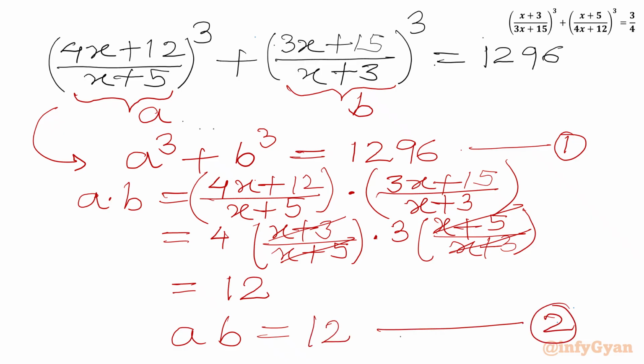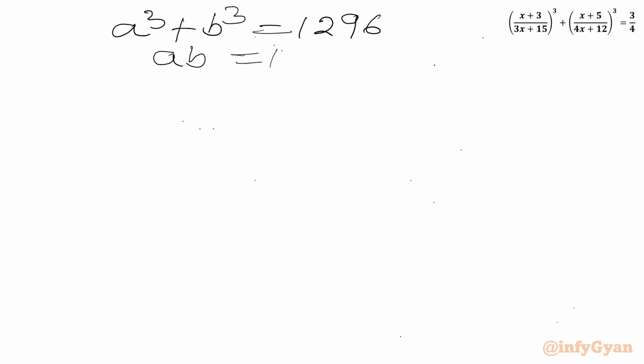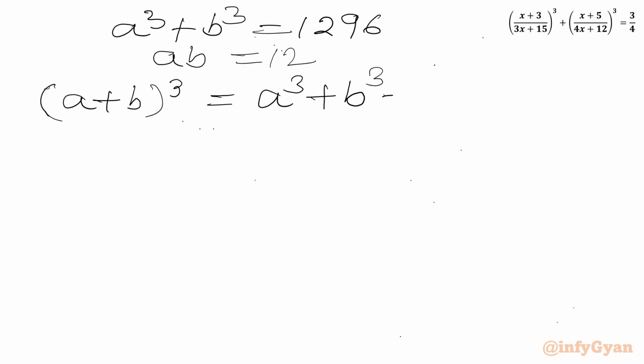A cube plus B cube is 1296. AB is 12. Now I will use one algebraic identity. Let me write here equation 1, A cube plus B cube equal to 1296 with AB value 12. Now I will use a plus b whole cube formula, which is equal to a cube plus b cube plus 3 times ab in the bracket a plus b.